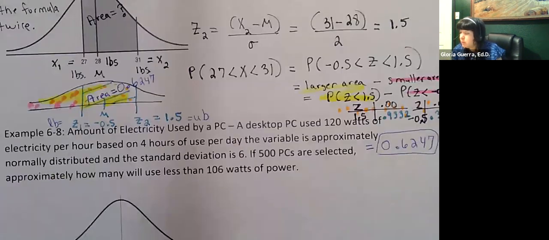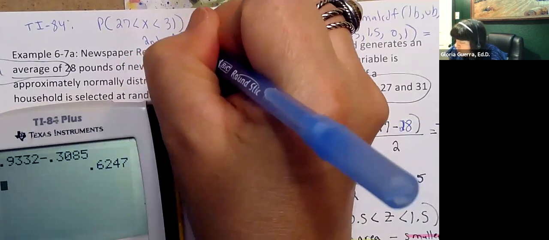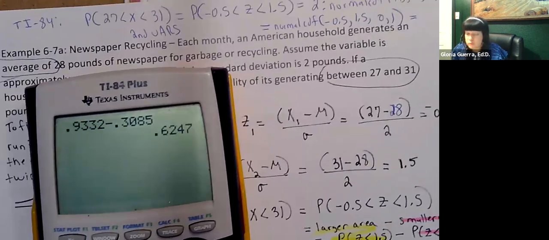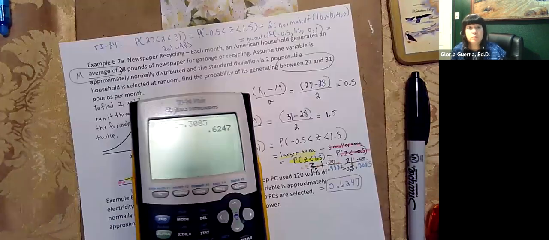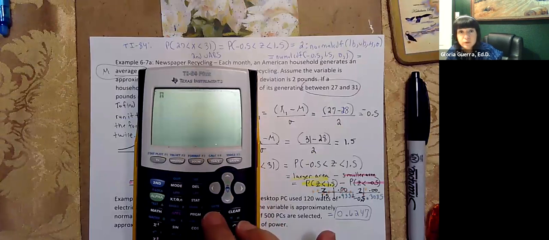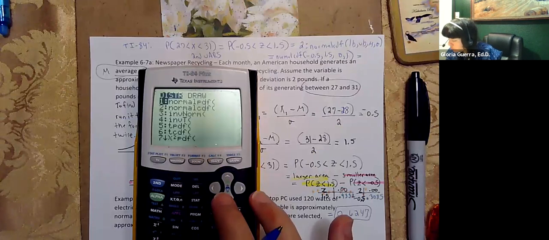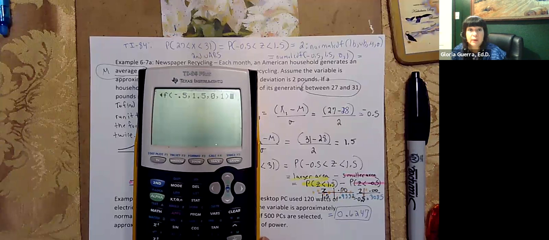So when I do my calculator, remember it's second VARS. Second VARS right here, and you want number 2. And lower bound is negative 0.5. Enter. Upper bound is 1.5. Enter. Mu is 0. Sigma is 1. Okay. And then hit enter.